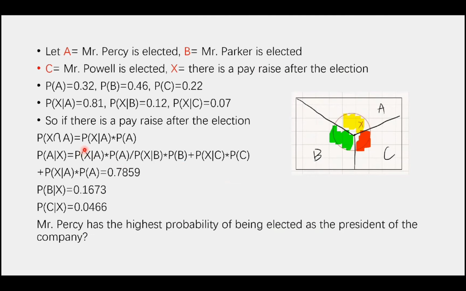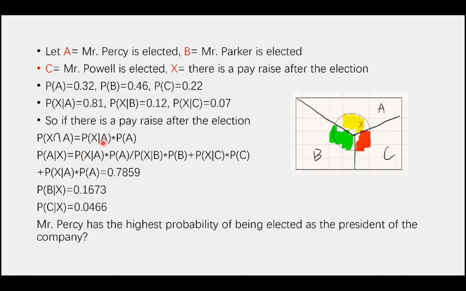So we already know this formula, and it's also the same when A turns to B and C. This one, the conditional probability of A given X, means that X already happened, which is that there is a pay raise after the election. So what is the probability of A? What is the probability of being elected?